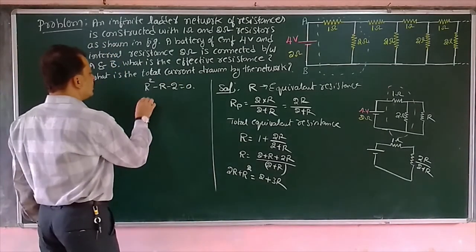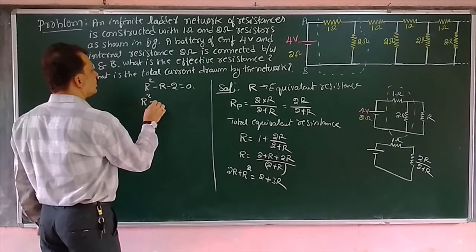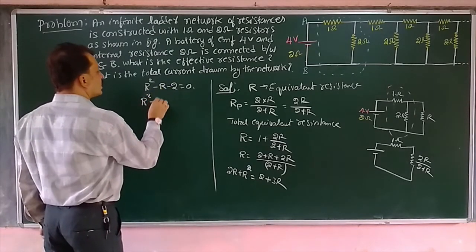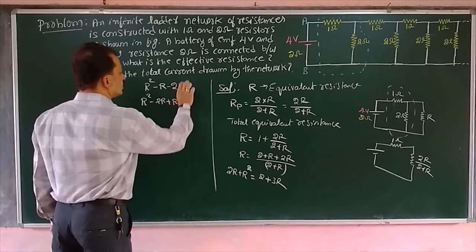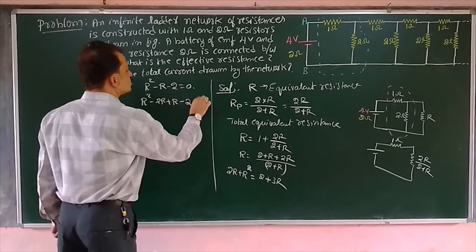So simply, R square minus R minus 2 is equal to 0.